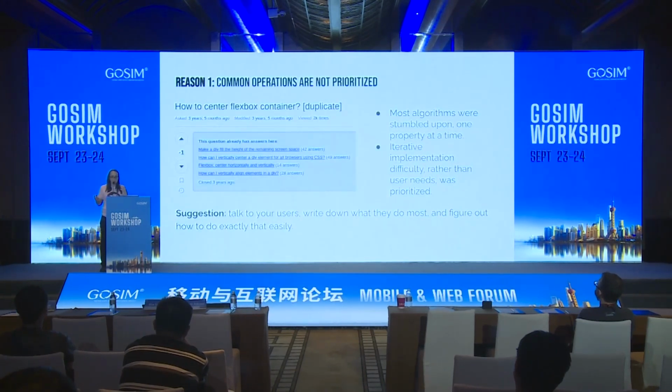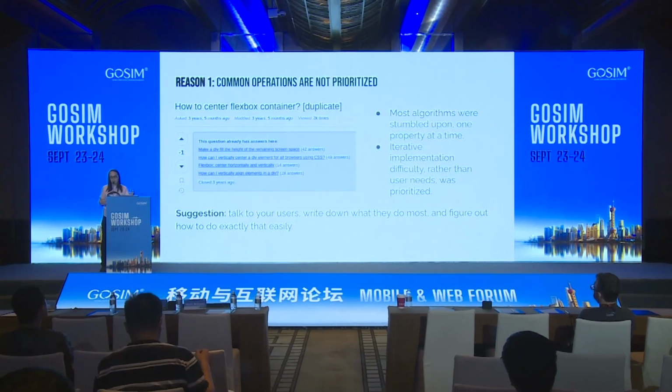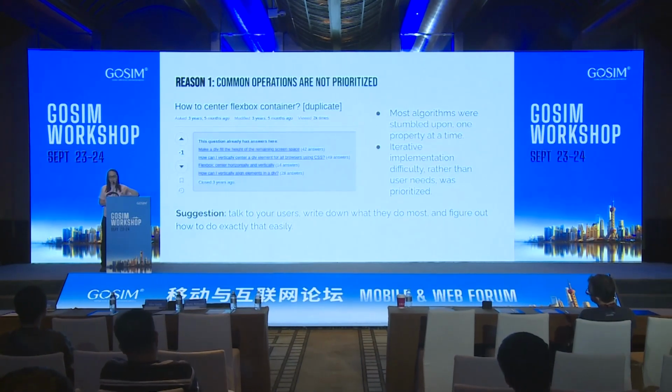So let's talk a little bit more about Flexbox in particular and why the challenges exist. A lot of the stuff that you might want to do in layouting is not easily exposed. They take an algorithms first approach to say, oh well, this is how we implemented the algorithms, here are the different parameters we have.